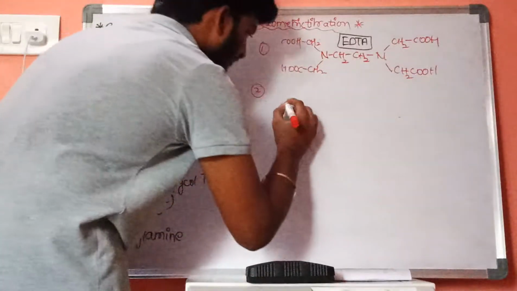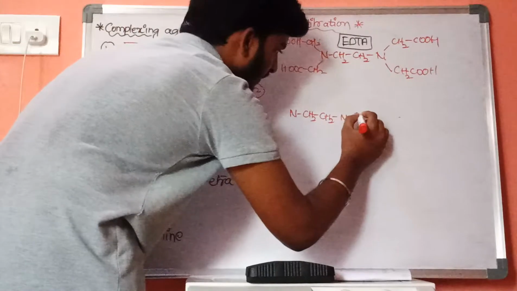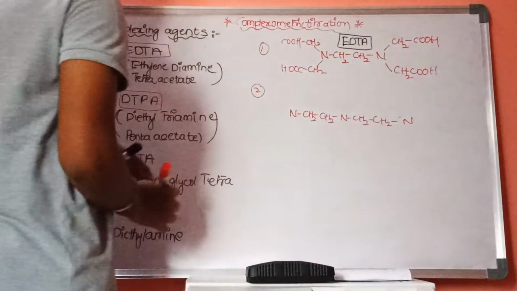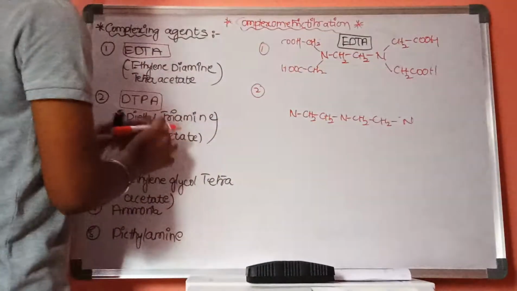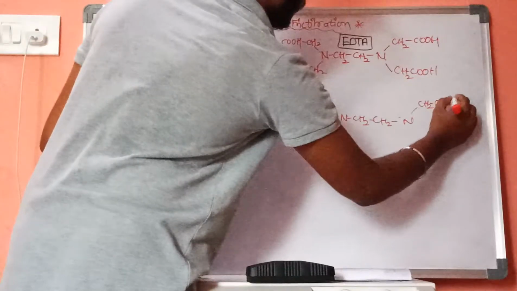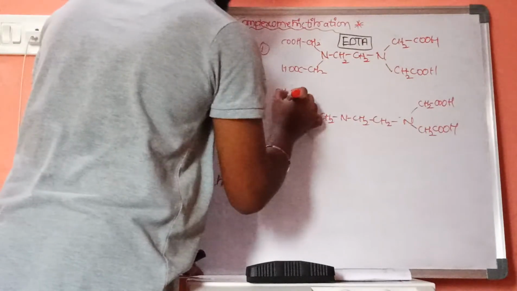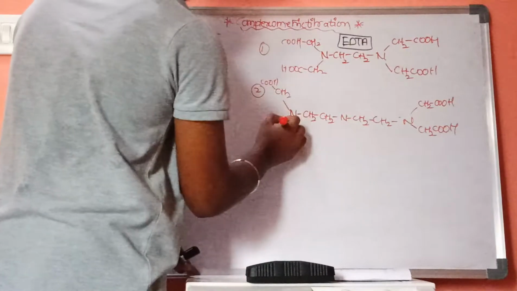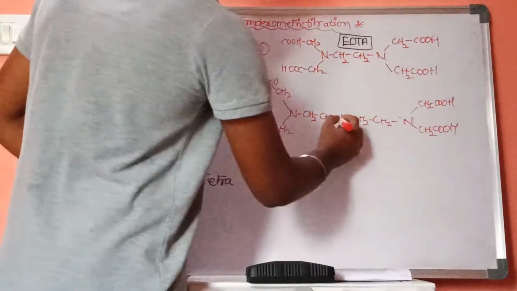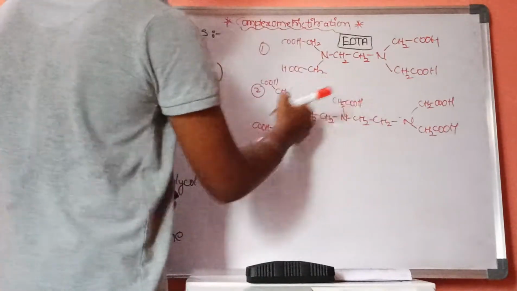Second one is N, CH2 CH2 N, CH2 CH2 N. This is the parent chain and it contains pentaacetate, 5 acetic acid groups, that is CH2COOH, CH2COOH and one more, one, two, three, four, 5.